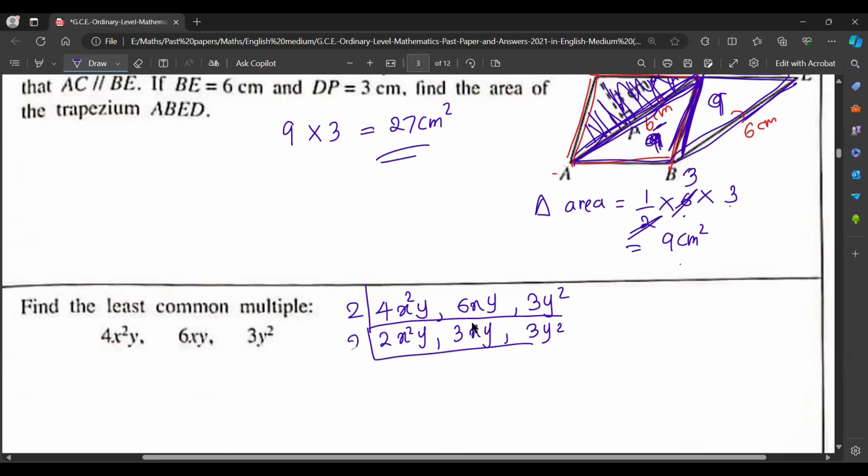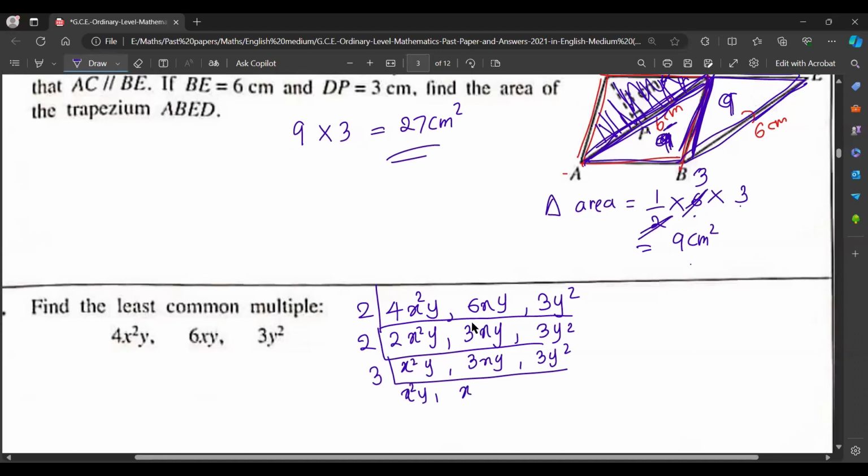Again divide by 2 for the remaining x squared y, with 3xy and 3y squared. After that you can divide by 3. 3 divided by 3 leaves no number, so xy, and y squared.